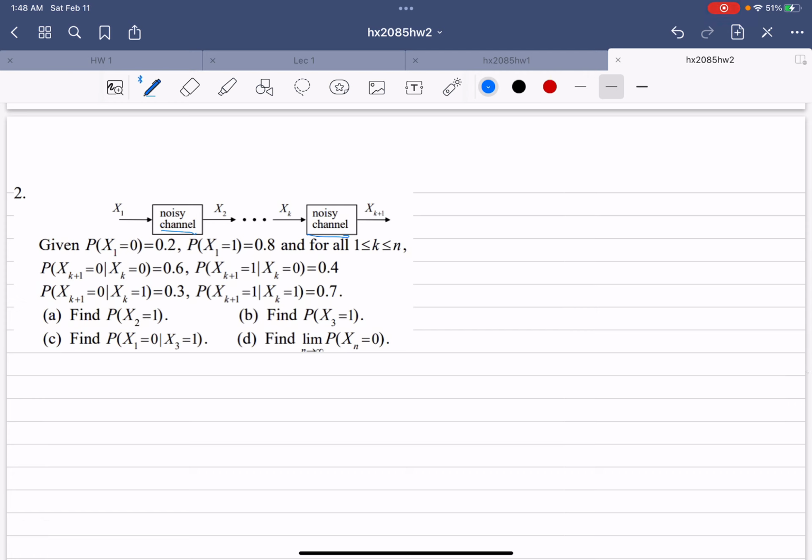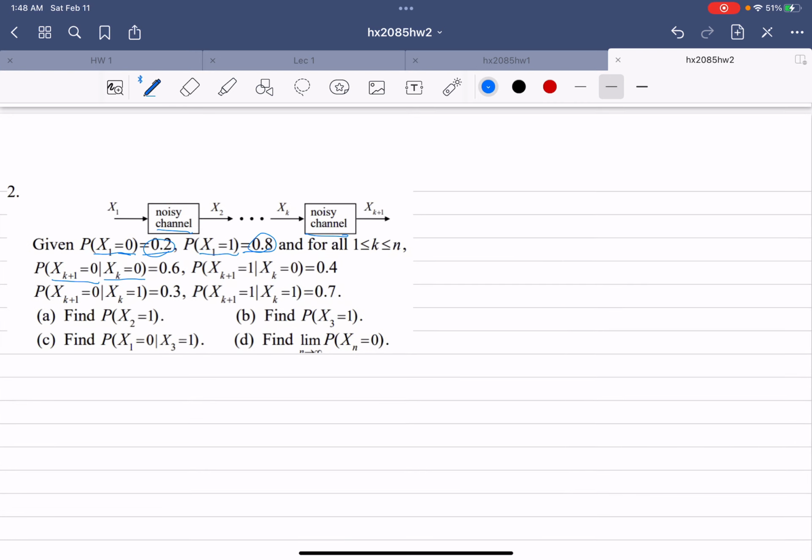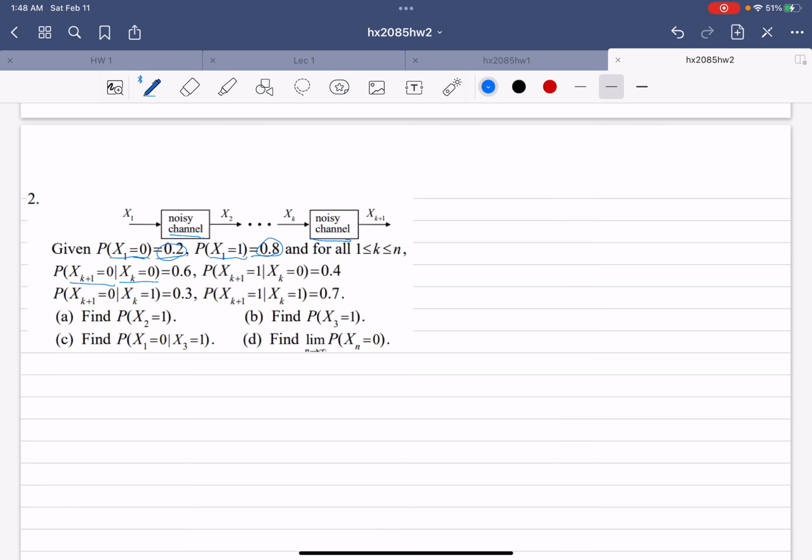We are given that the probability of the input x1 equals 0 is 0.2, and the probability of x1 equals 1 is 0.8. And the probability that xk plus 1 equals 0 when xk equals 0, which means the output equals 0 when the input equals 0, is 0.6.